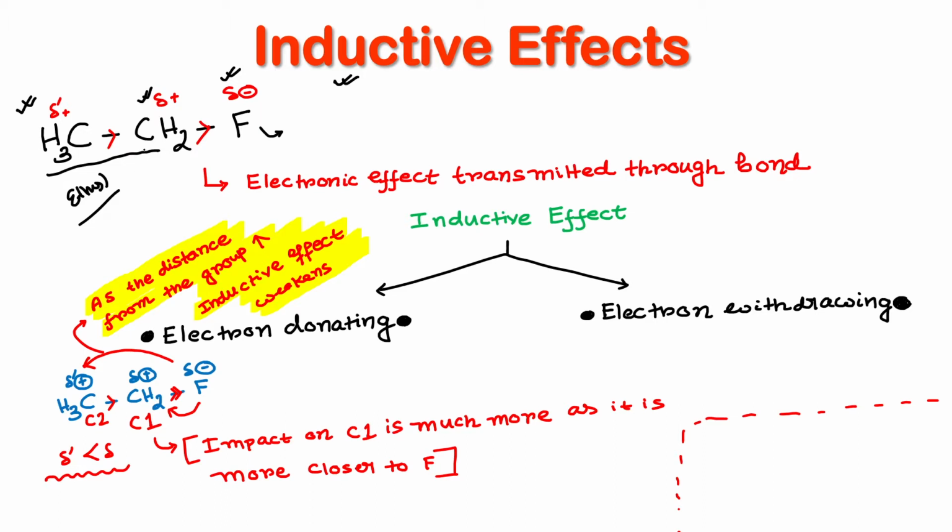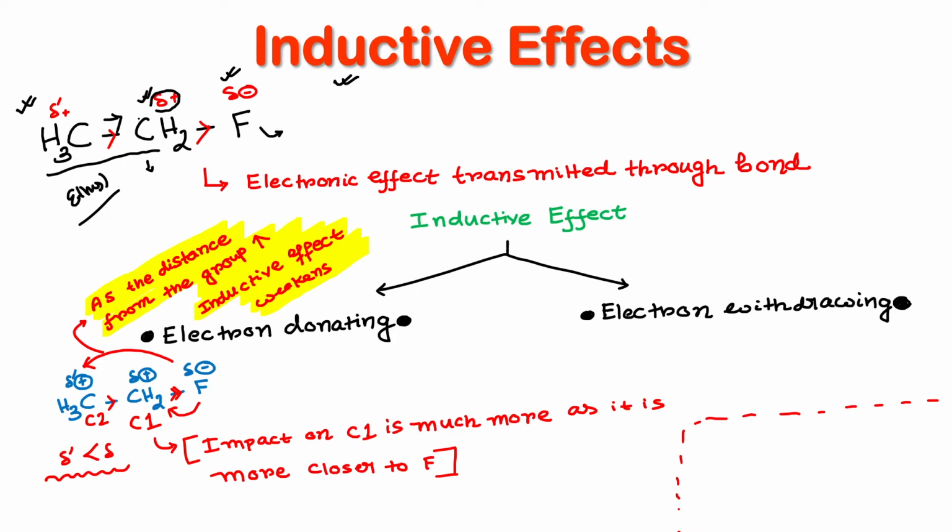Now, due to the presence of this partial positive charge, this carbon atom will become a bit more electron deficient, so it will also try to compensate that electron deficiency from its neighboring carbon atom. It will try to gain more electron density from this carbon atom, so it will draw more electron density towards itself.